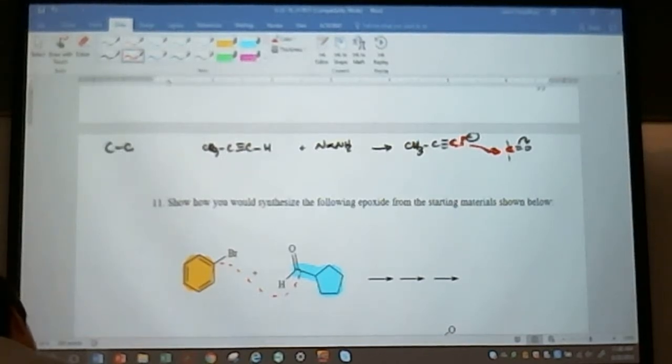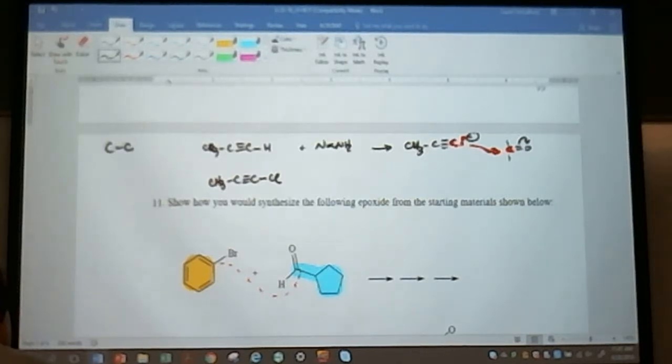Now, a more general approach to this that applies not just to sp carbons but to any carbon is a Grignard. I could certainly do a Grignard with this, but in this case I'd be starting from some sort of a chloride or bromide or iodide, which can be attached to an sp carbon but can also be attached to an sp2 carbon or an sp3 carbon.